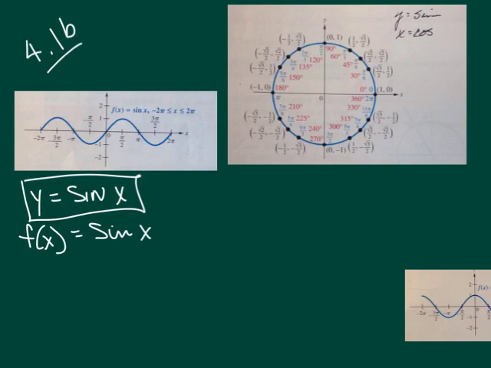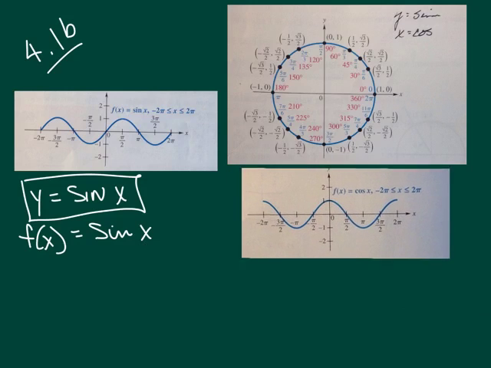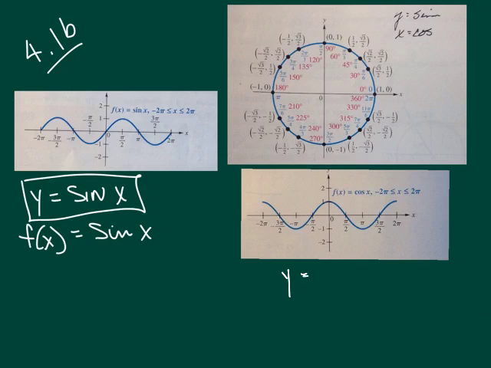Now let's look at the cosine wave. The formula for the cosine wave is very similar to the sine wave, except it's y equals the cosine of x, or f of x equals the cosine of x.